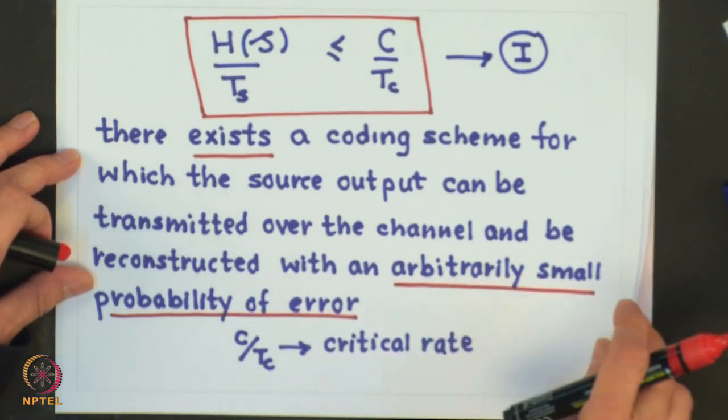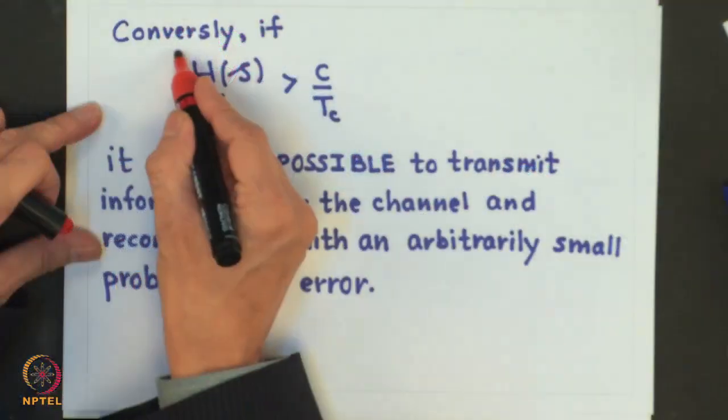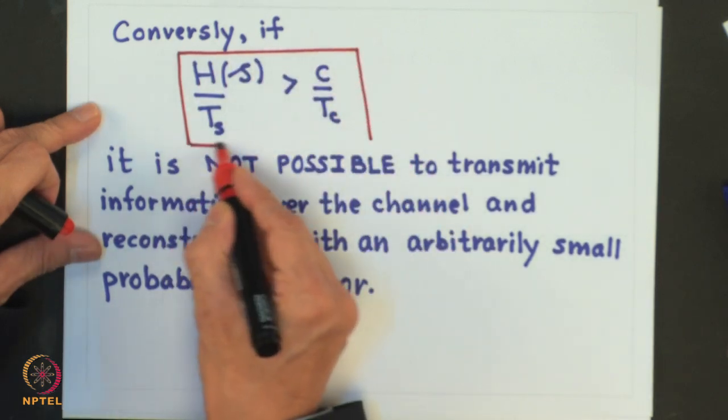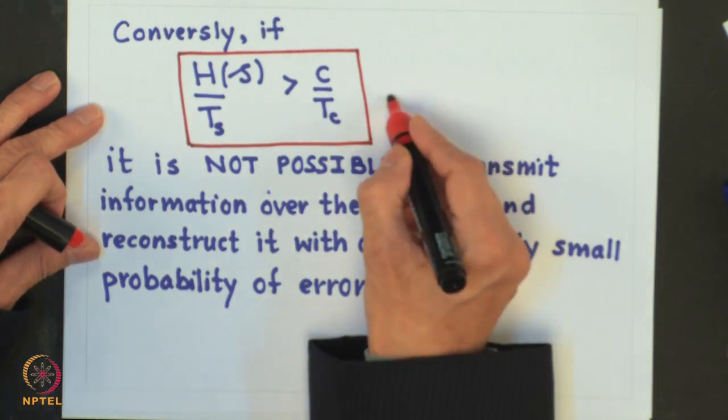So, this is the first part of the theorem, and the second part of the theorem says that conversely, if this condition happens, that means the information rate is higher than the channel capacity, correct?